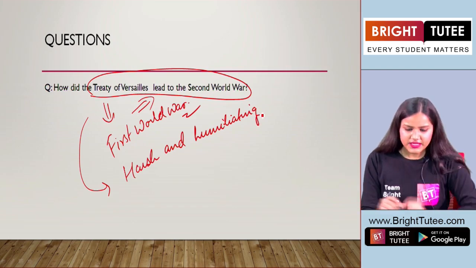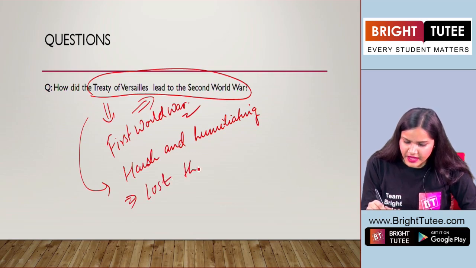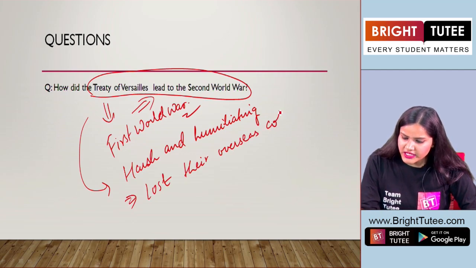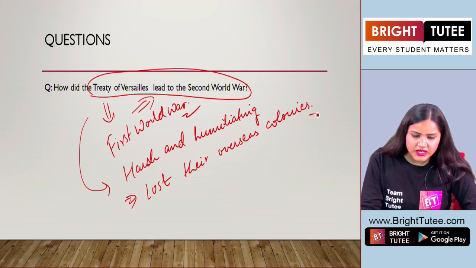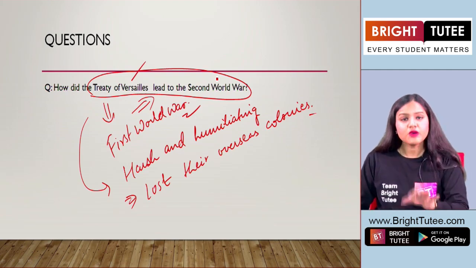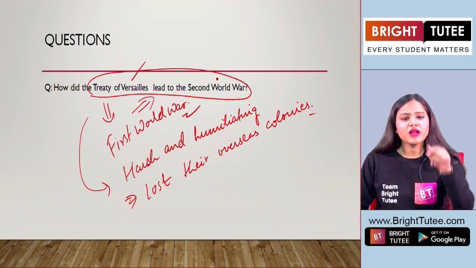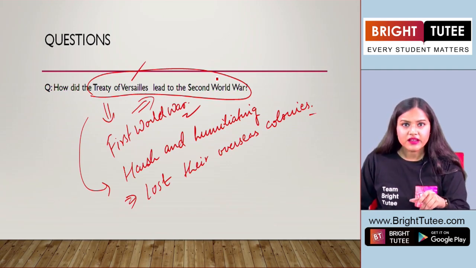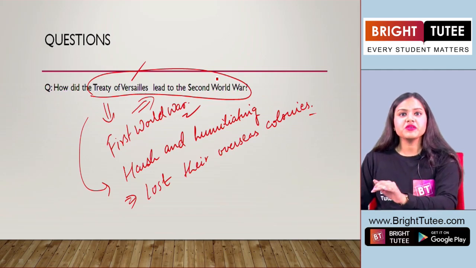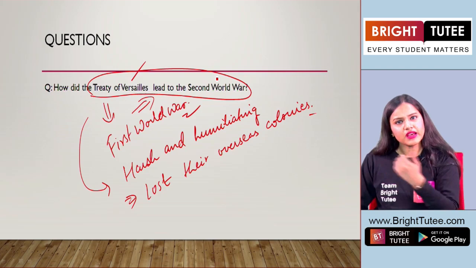Correct? We see that they lost their overseas colonies. Now, since the question here is focusing on how the Treaty of Versailles led to the Second World War, we have to mention what the clauses, the agreements made in this treaty were. Because somewhere these were the reasons that led to the Second World War, about which we are again going to learn later on.